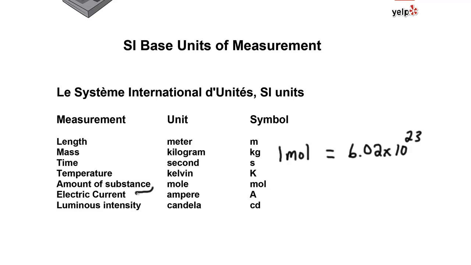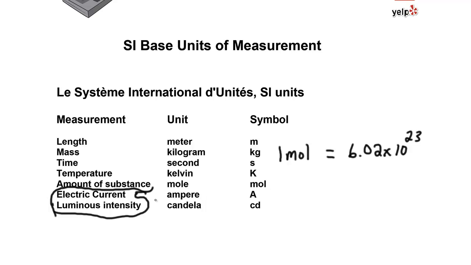The nice thing though for us is these last 2 here, we don't really use those in chemistry. And so we probably won't even discuss them at all. Except, of course, the electric current, that has a unit of ampere, and we're familiar with electricity, so that shouldn't be any big deal for us, really.